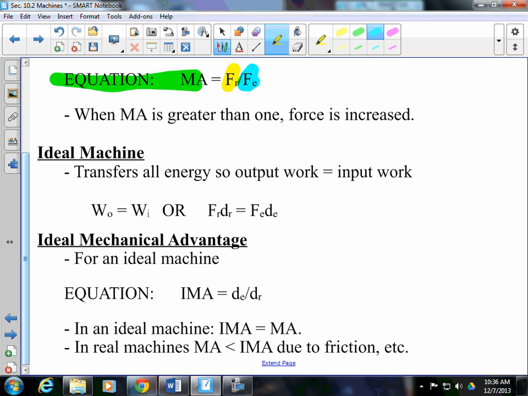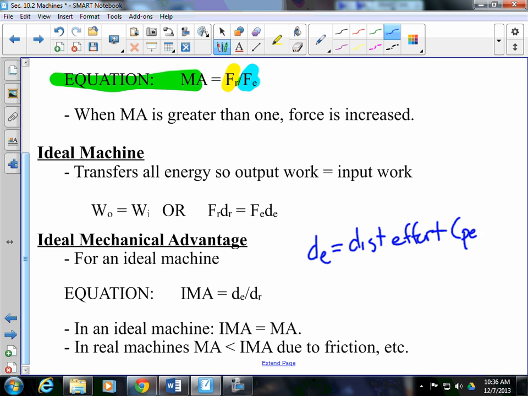IMA is equal to De divided by Dr. Now De is the distance of effort. Remember that distance of effort is done by the person, or you, and Dr, the distance of resistance, is the distance done by the machine.